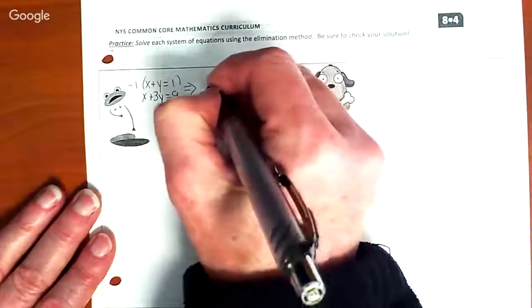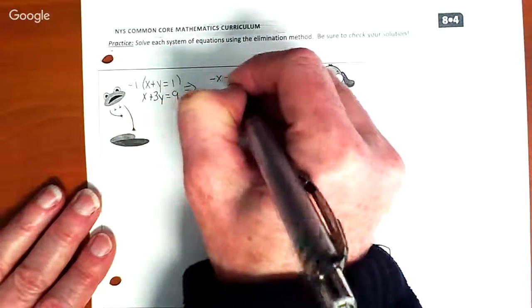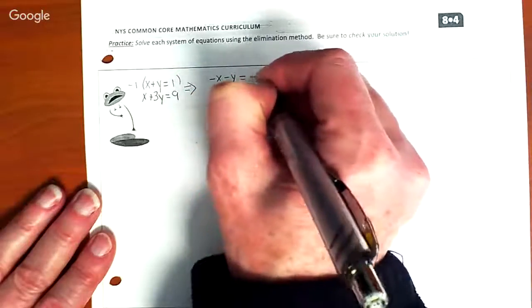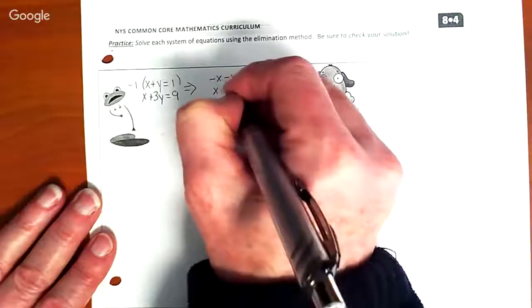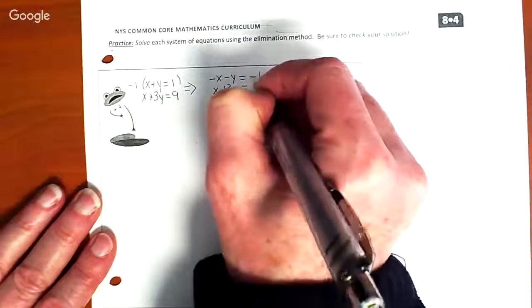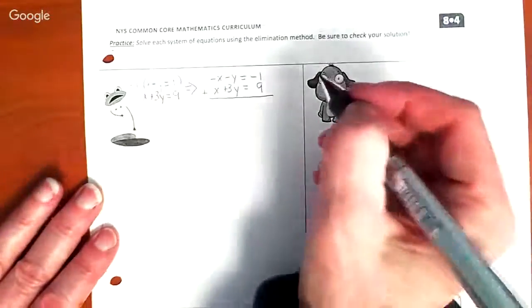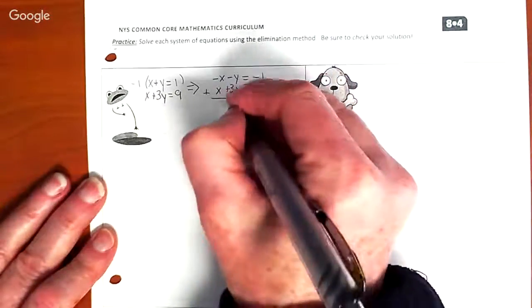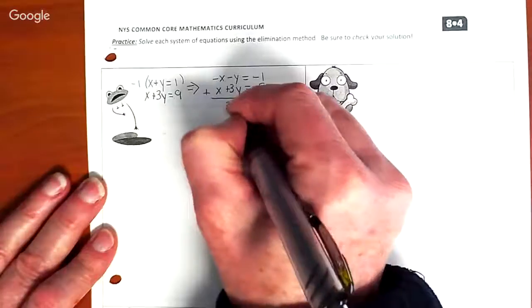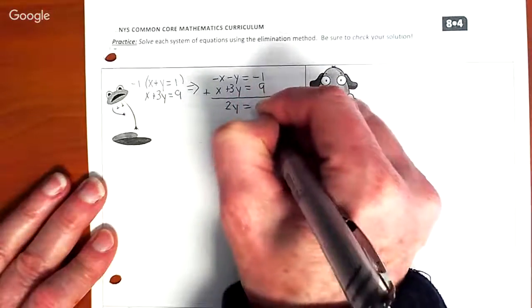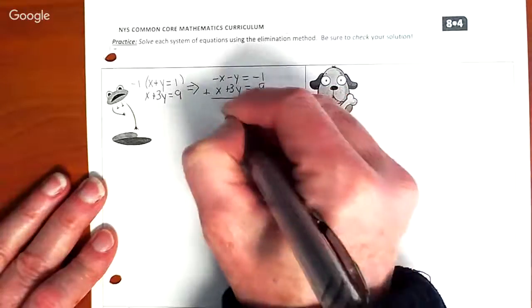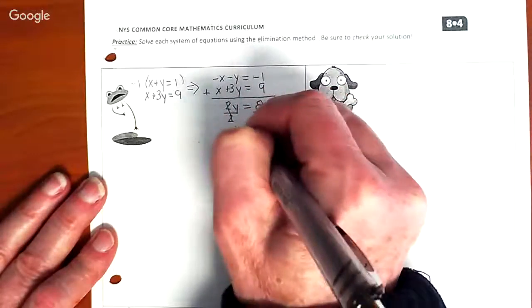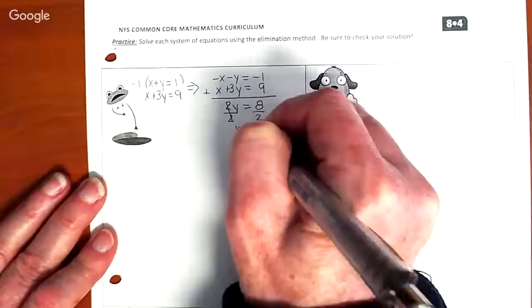So we would have negative x minus y equals negative 1, and plus x plus 3y equals 9. When I add this together, I would have 2y equals 8. Divide both sides by 2, and y would equal 4.